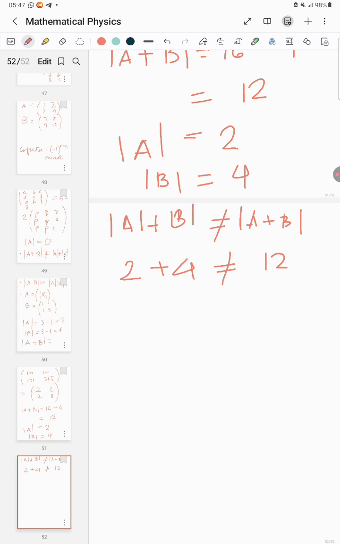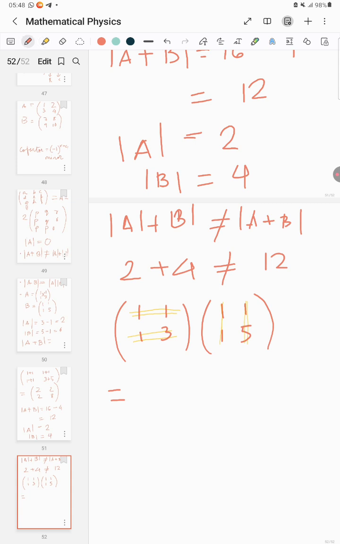Now what if we multiply AB? So let us multiply AB. A is 1, 1, 1 and 3. B is 1, 1, 1 and 5, right? So multiplication would be this row and this column multiplied, again this row and this column multiplied, then again this row and this column multiplied, and this row and again this column multiplied.